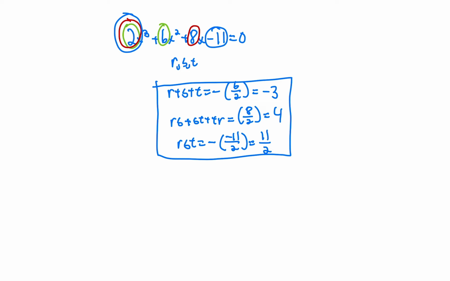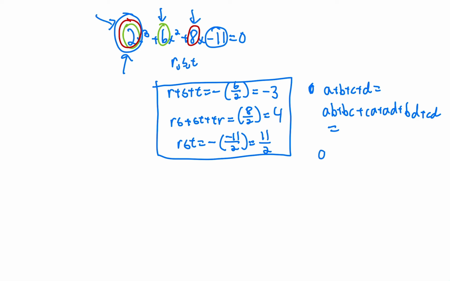For degree 4, let's say the roots are a, b, c, and d, and a plus b plus c plus d is equal to the coefficient of this term divided by this coefficient, and negative of that. And ab plus bc plus ca plus ad plus bd plus cd, basically the sums of the products, is going to be equal to this term divided by this term with no negative. And then we also have this.